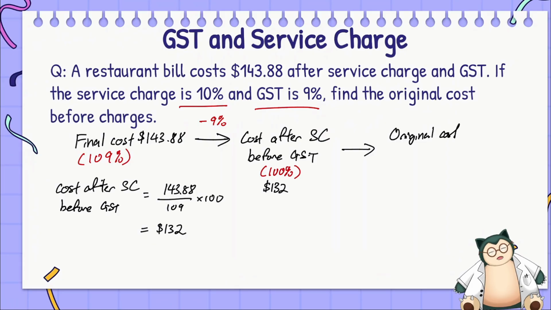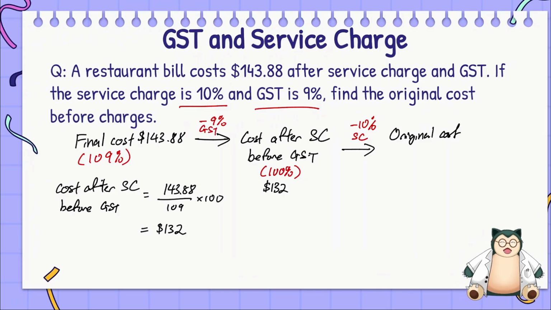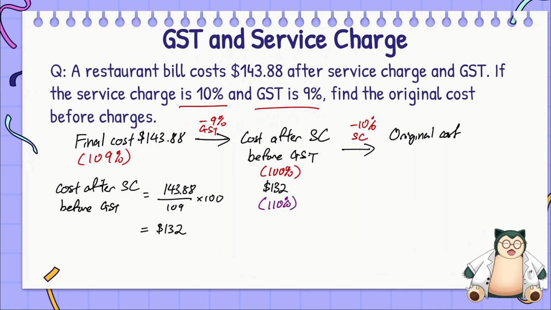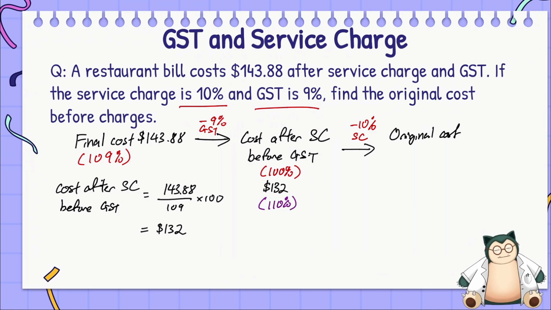However, now we want to go to the next step of finding the original cost. For the original cost, we have to minus another 10% service charge. So this is GST. Now we minus the service charge. So take note that instead of 100%, now this one is our 110%. This is our new total after the service charge. And we want to change it, maybe use a purple arrow, to our new 100% over here.